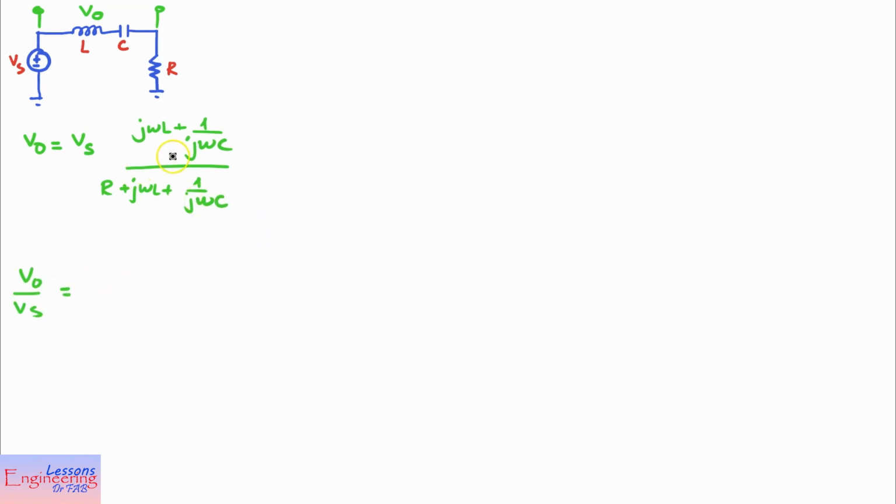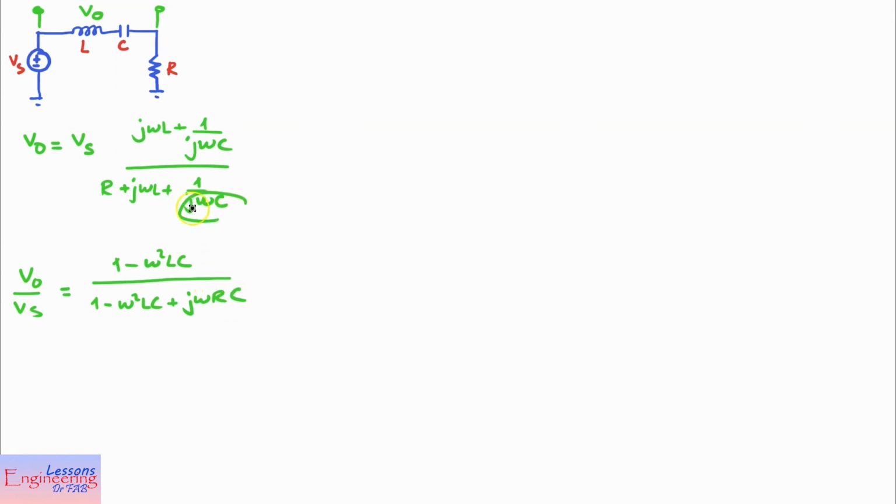So that can be rewritten, multiplying this out, as 1 minus omega square LC over 1 minus omega square LC plus j omega RC.